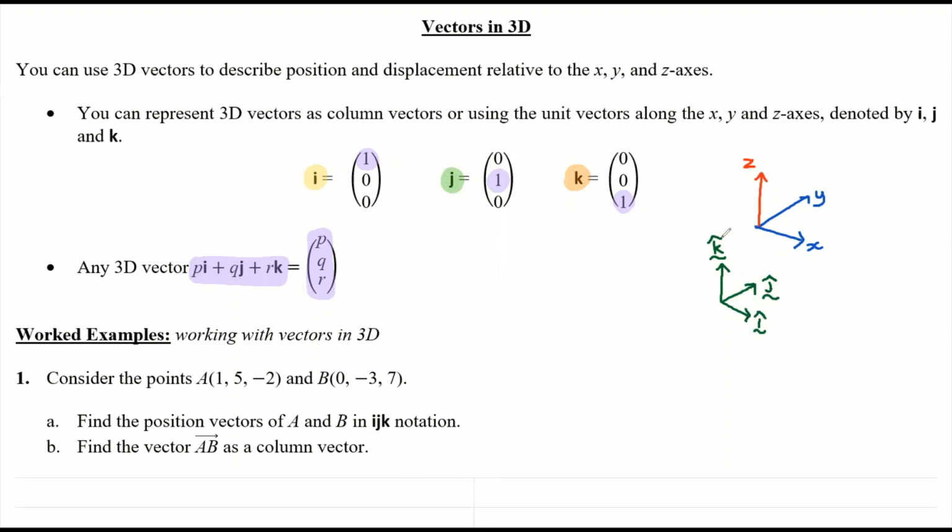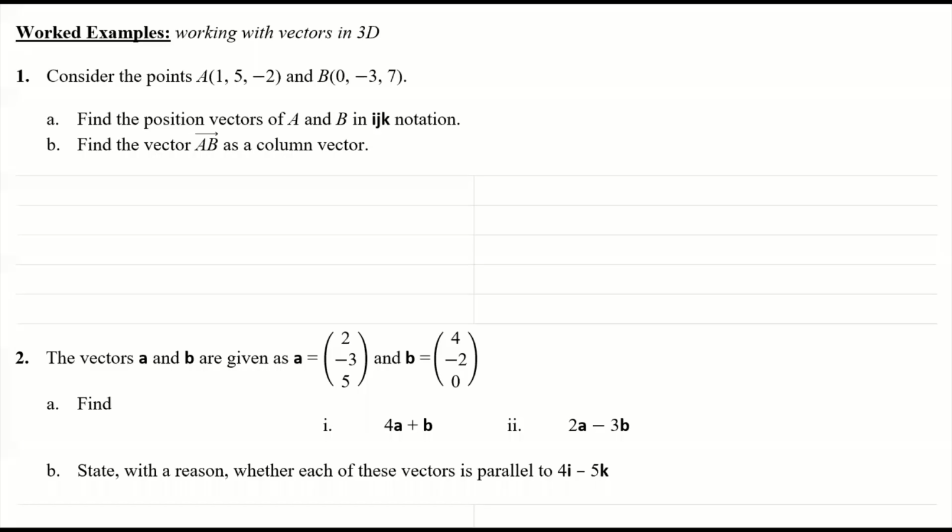So let's have a look at some examples where we're actually working with vectors in 3 dimensions, and it's simply just an extension of what you've done previously. So firstly, we've got the points A and B specified as points in 3D space, here and here. And because these coordinates are always described relative to a fixed origin, O, okay?